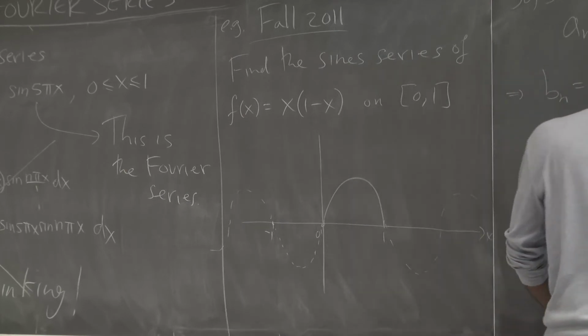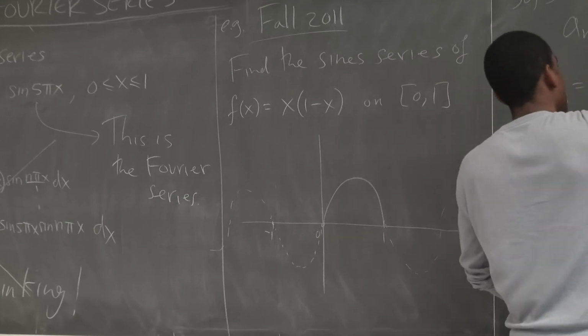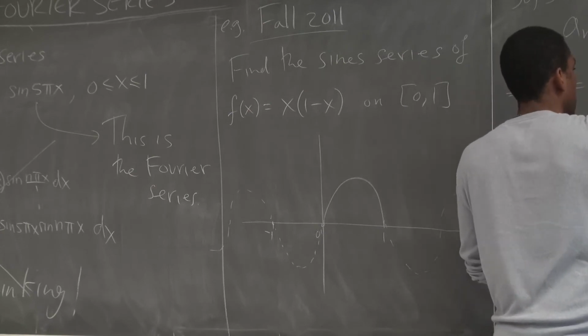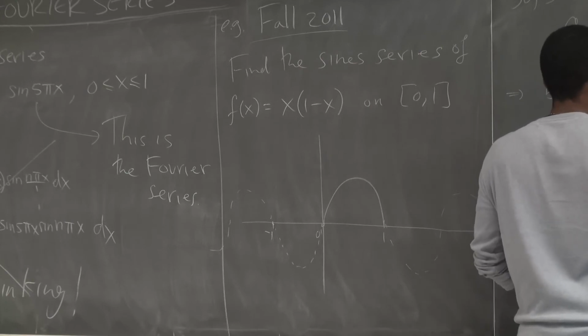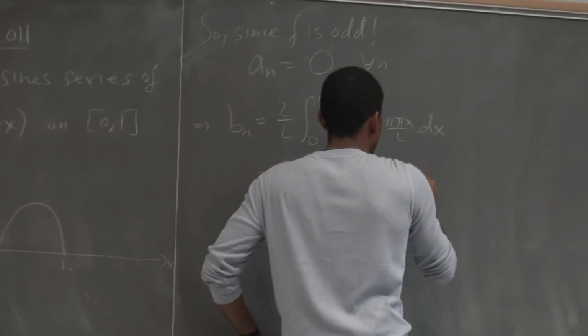What's L in this case? It's 1. So this is 2 over 1. I forget, for this one I'm doubling it and starting at 0. So this is the integral from 0 to 1 of x times 1 minus x, sine n pi x over 1.